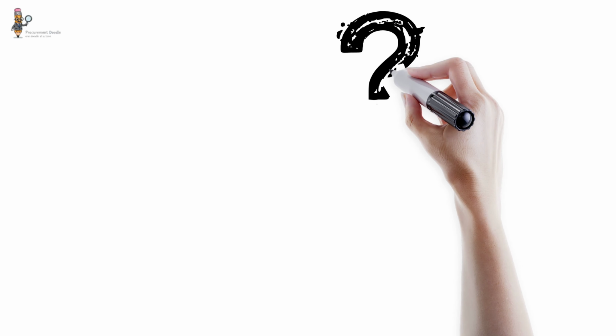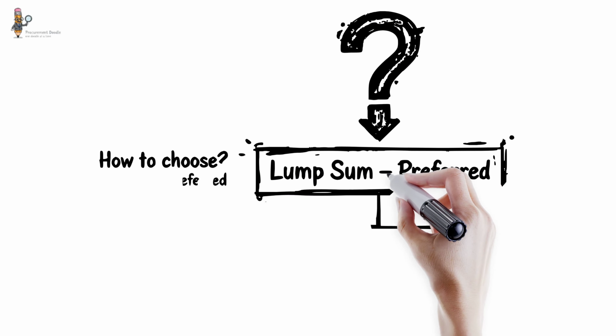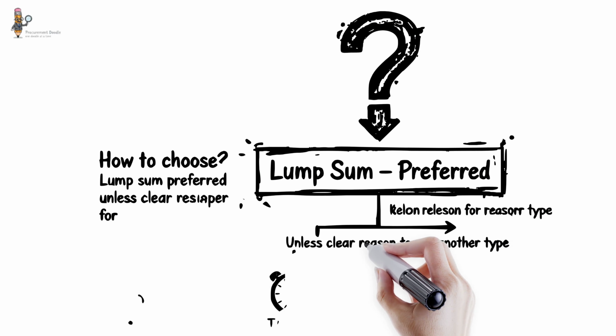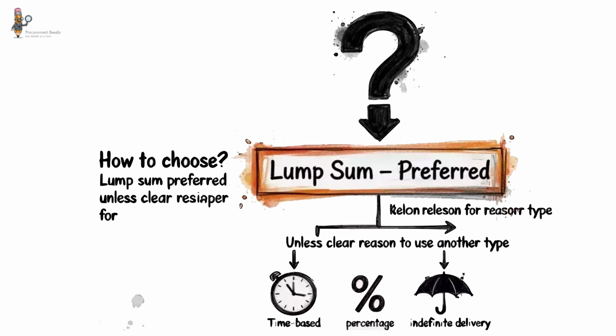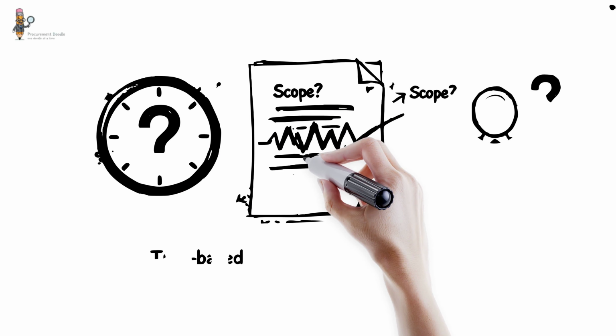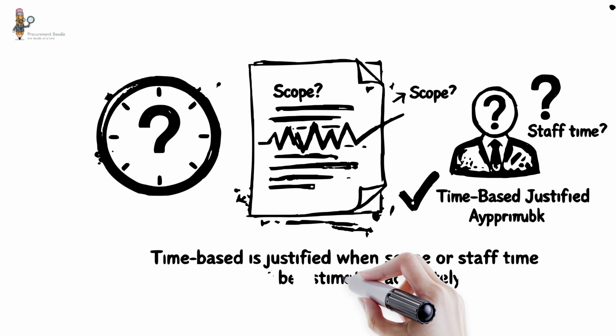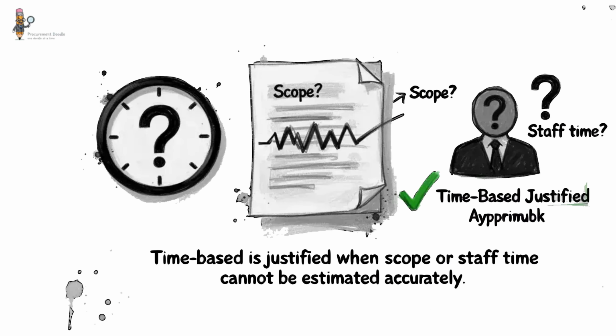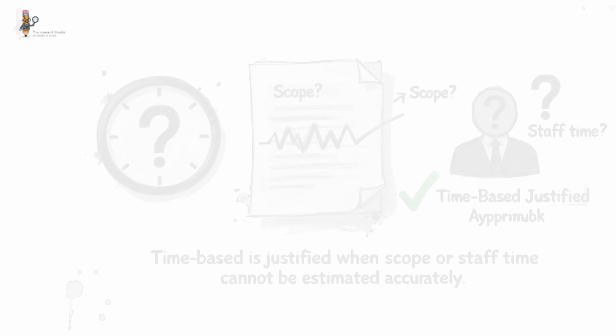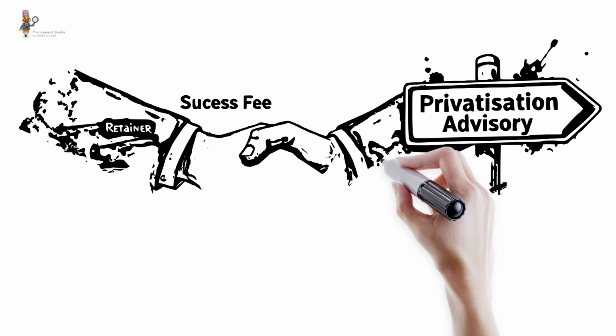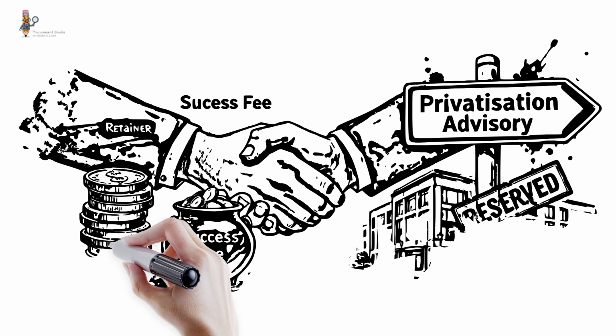How do you choose? A lump sum is preferred unless there's a clear reason to use another type. Time-based is justified when the scope or staff time cannot be estimated accurately. The retainer and success fee are reserved for privatization advice.